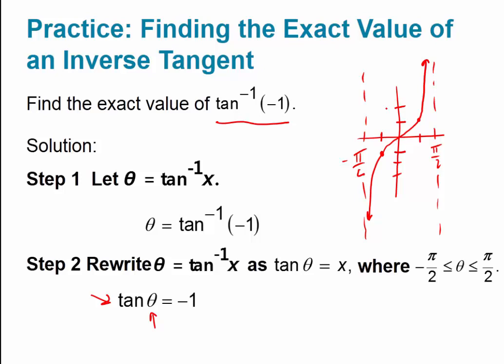So we need to say, at what value here do we get this? We need to find this quarter of the way across. Well, if this distance here is pi over 2, then this distance here is just pi over 4. So that location is negative pi over 4. So we would say tangent inverse of -1 is equal to negative pi over 4.